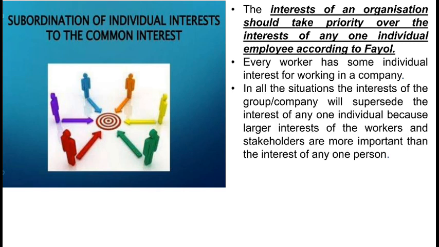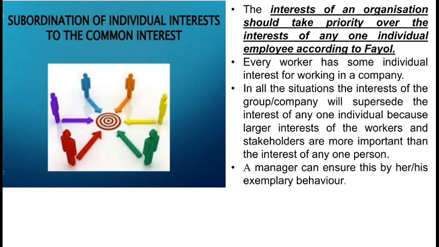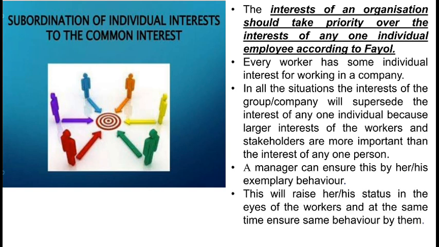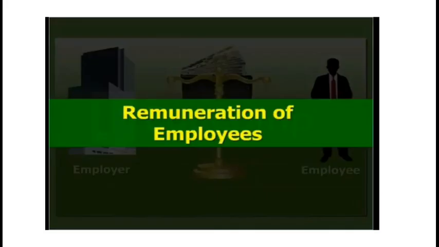In all situations, the interest of the group or company will supersede the interest of any one individual, because the larger interest of the workers and stockholders is more important than the interest of any one person. A manager can ensure this by his or her exemplary behavior. This will raise his or her status in the eyes of the workers and at the same time ensure the same behavior by them.